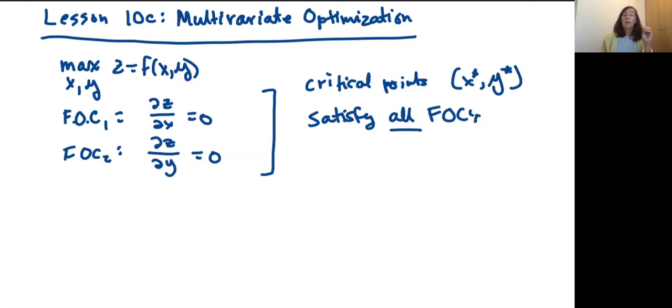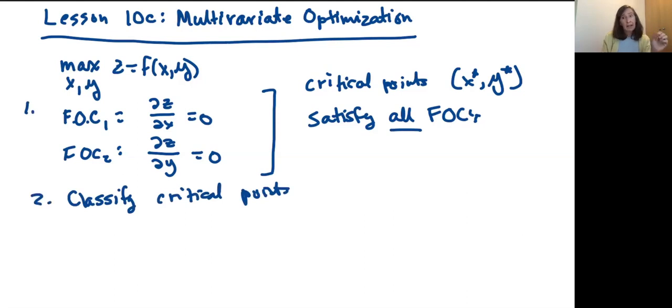So that's not super important, but just a point of clarification here. So we have our critical points, the points for which all the first derivatives of the function are equal to 0. Now, the next thing we need to do is classify the critical points. Okay, so step 1 is to find the first order conditions. Step 2 is to classify them. And as in the univariate case, we're going to use the second derivatives to help us do that.